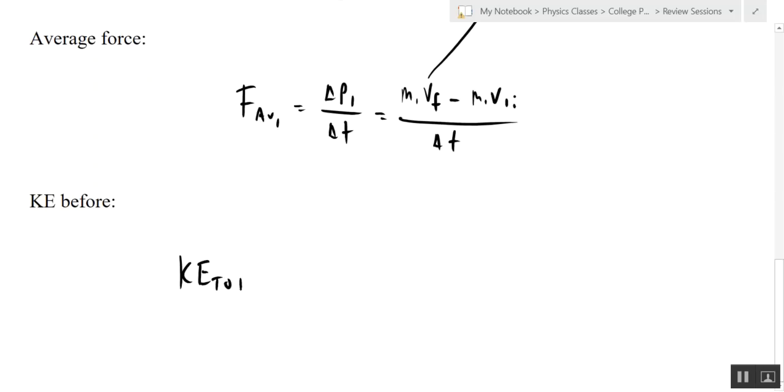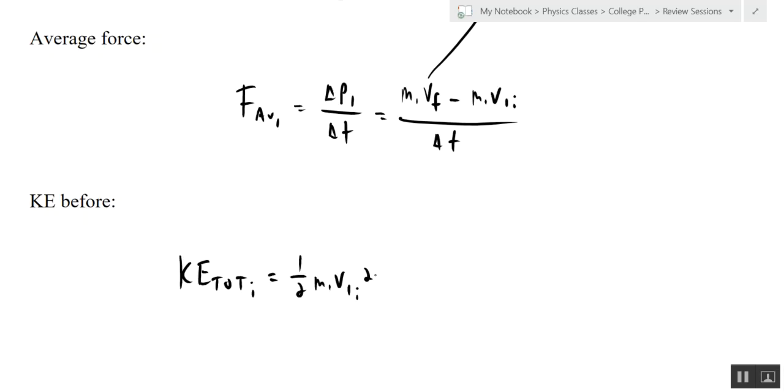So the total kinetic energy of both masses initially, right? Mass 1 is moving at some velocity before they collide. So how much kinetic energy does mass 1 have just by itself before they collide? This is just the kinetic energy of mass 1 before they collide. Mass 2 is also moving before the collision.